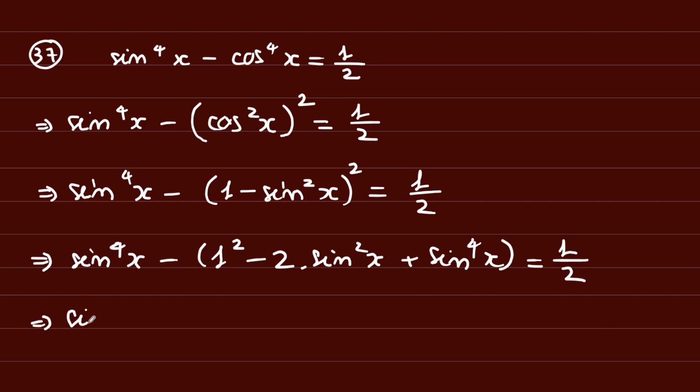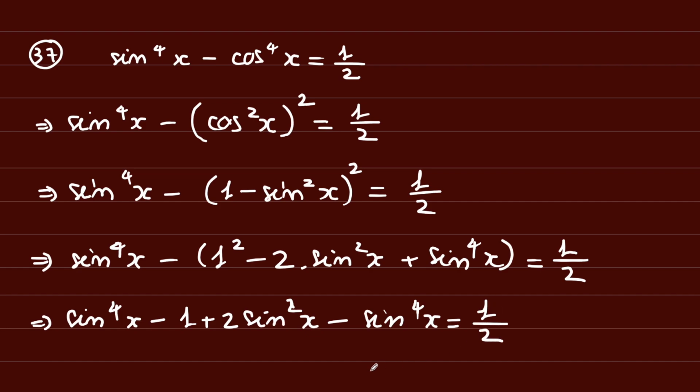Expand this bracket. You get 1 plus 2 sine square h minus sine to power of 4 equal to 1/2. This time we cancel this term and this term, because sine to power 4 minus sine to power 4 will be equal to 0.